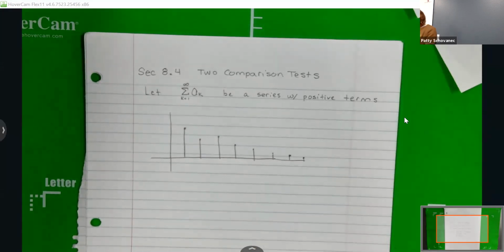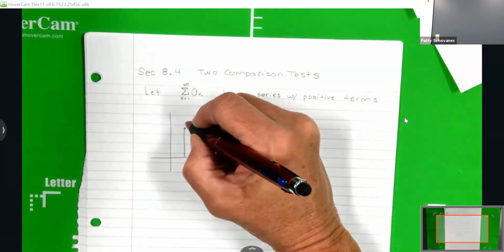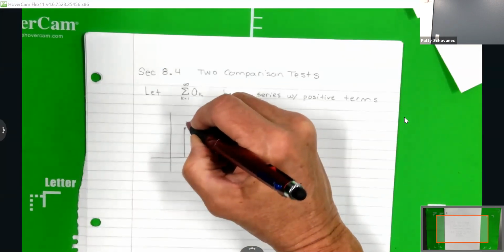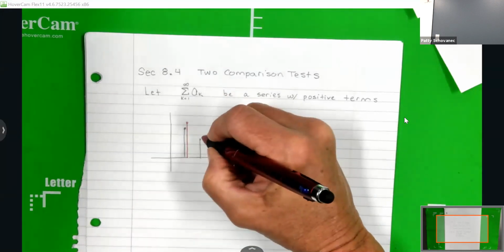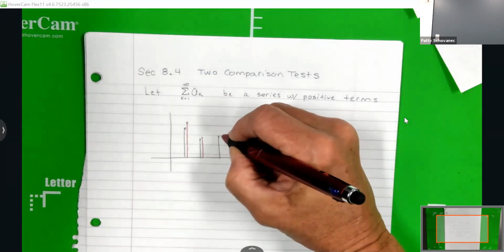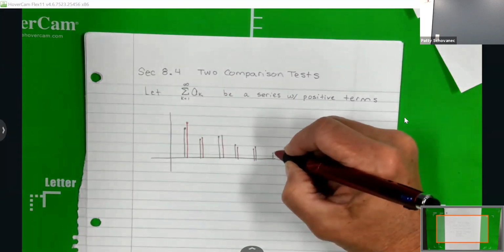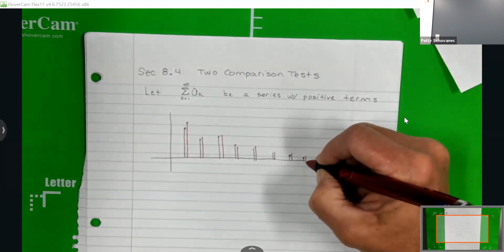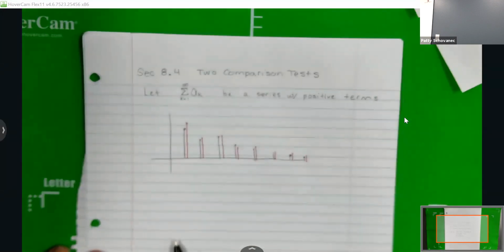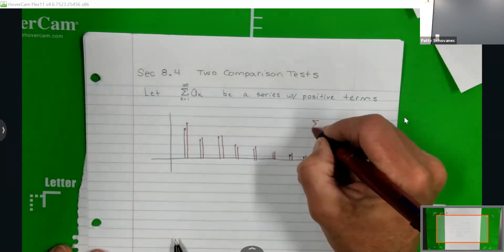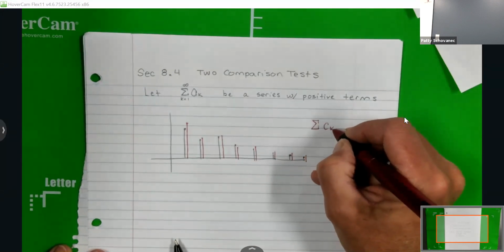Now suppose it looks a lot like a known series. I'm going to call them the c_k's. Suppose what I draw in red, just a little bit next to it, I'm going to denote that series like c_k's.